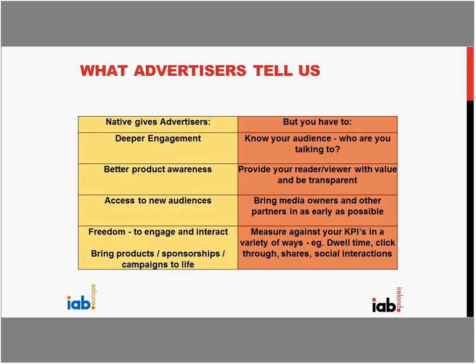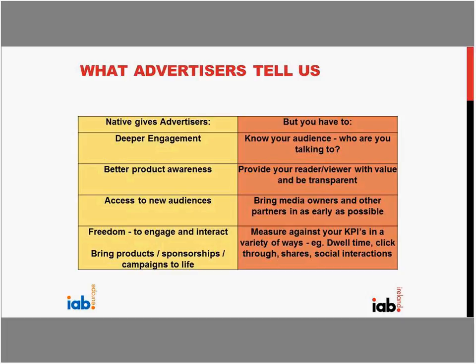But there's a but. They're all very careful. You have to know your audience, know exactly who you are talking to, and be clear on that, depending on the campaign that you're doing. That obviously has implications for location, or who you do your Native content marketing with. Provide your reader and viewer with value and be transparent. Very important.